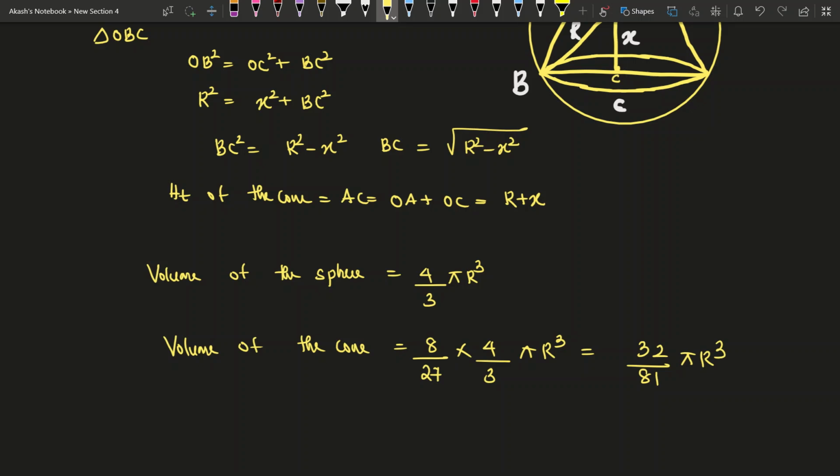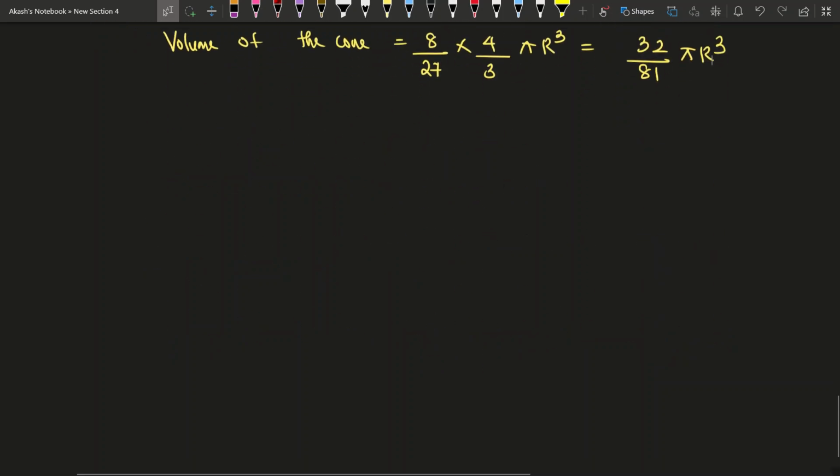So what we need to establish is that the volume of the cone equals 32 by 81 pi r cube. Let us see whether we can establish this.